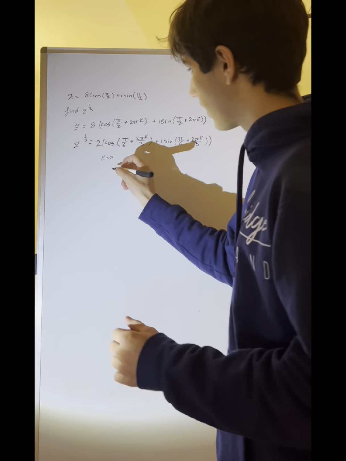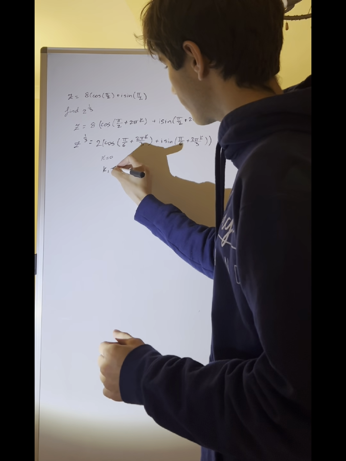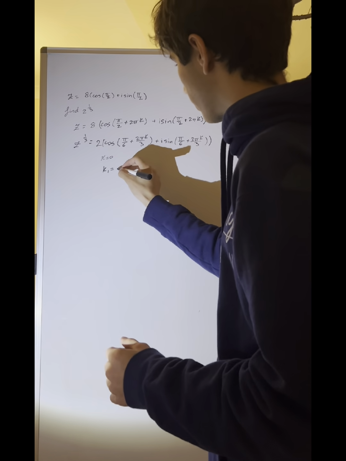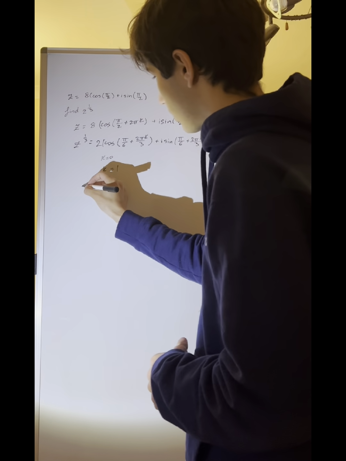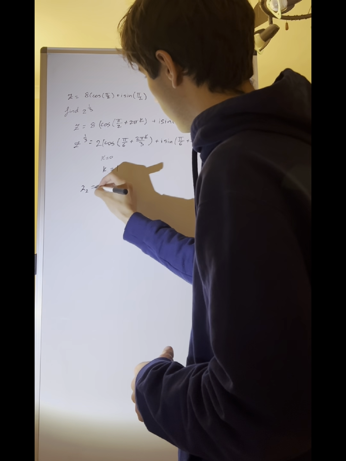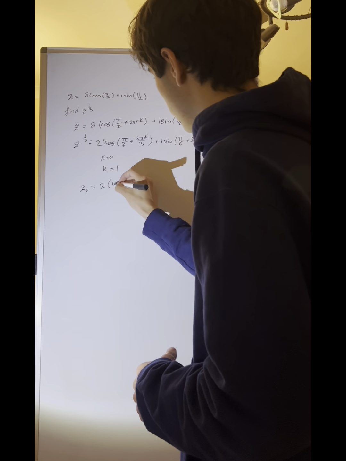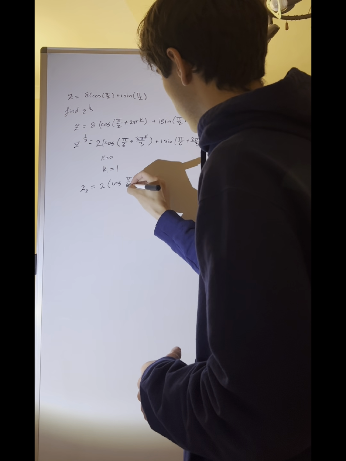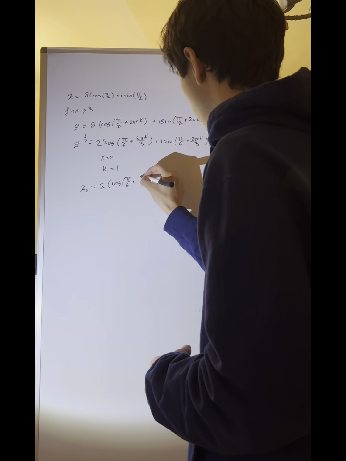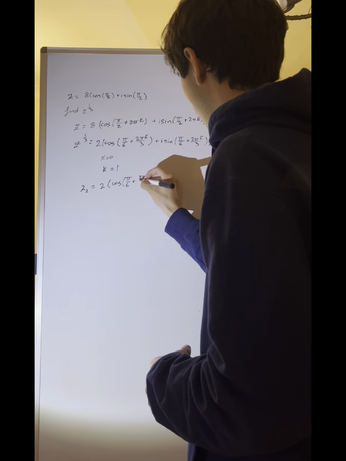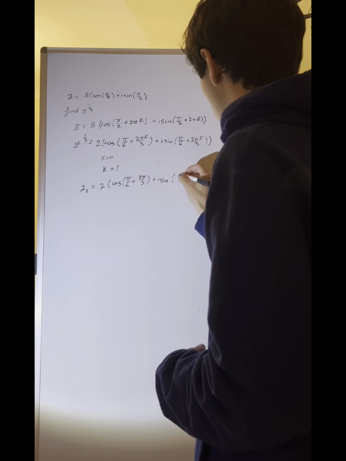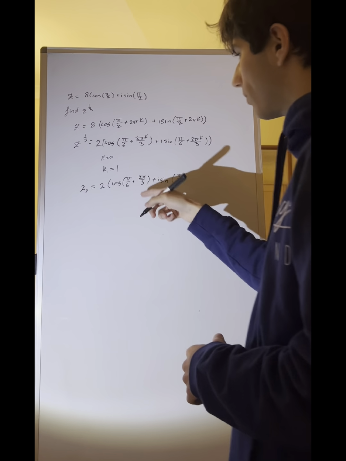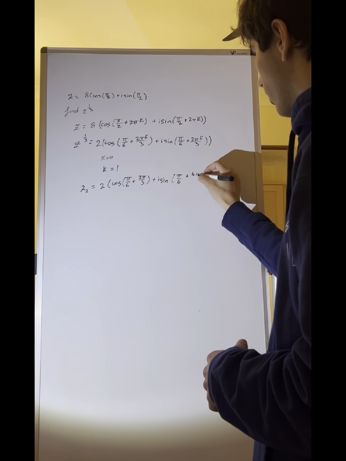But if we set k equal to 1, we're going to get the second solution, which is 2 times cosine of pi over 6 plus 2 pi over 3 plus i sine of the same angle. And 2 pi over 3 is the same as 4 pi over 6, right?